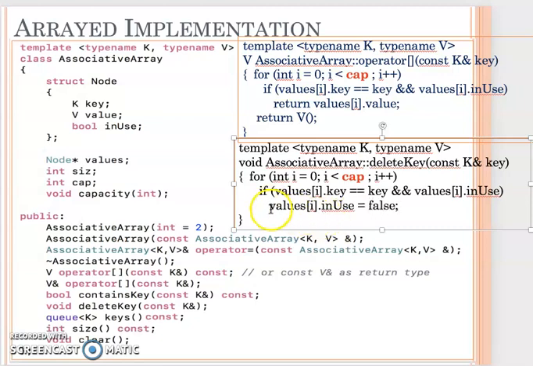So this one actually I made this node become a hole. So that's how I delete a key in the array. So if I find that I make that node in use equal to false. But if you didn't find the key, you just do nothing. So that's the setter function for the delete key.